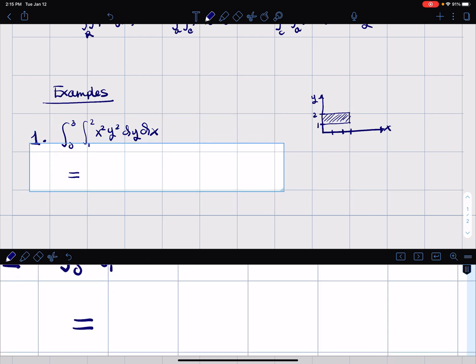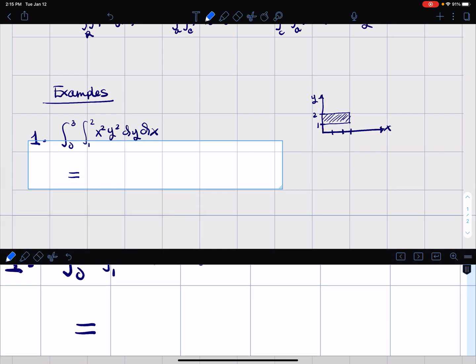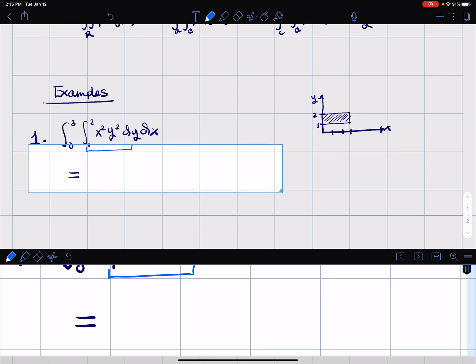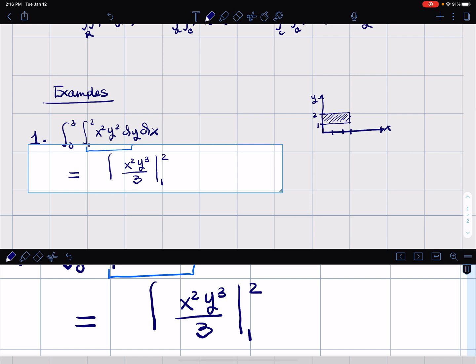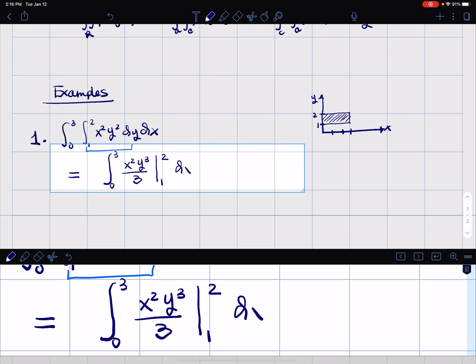So we do the inside integral. It's with respect to y, so we just treat x as a constant. So we have x squared y cubed over 3, going from 1 to 2, and then we still have a 0 to 3 integral, and then dx.